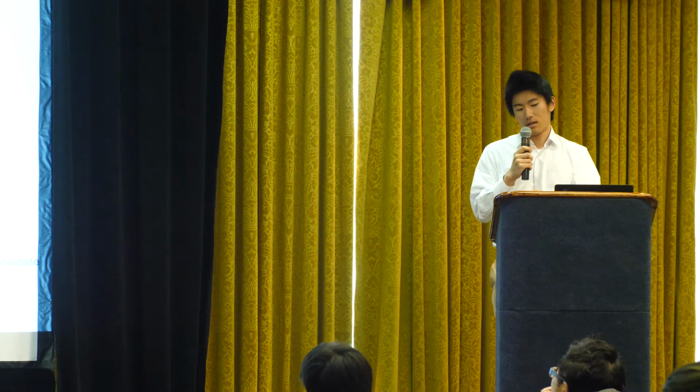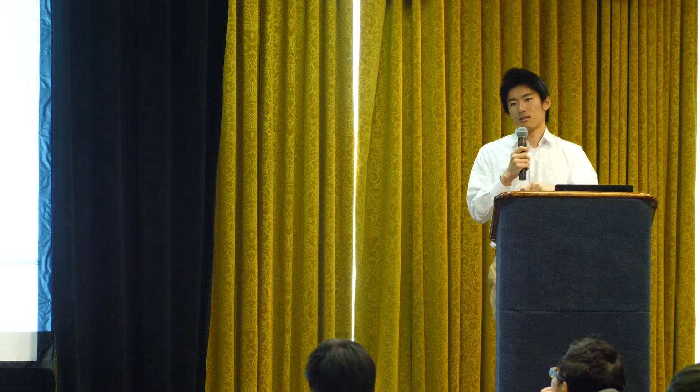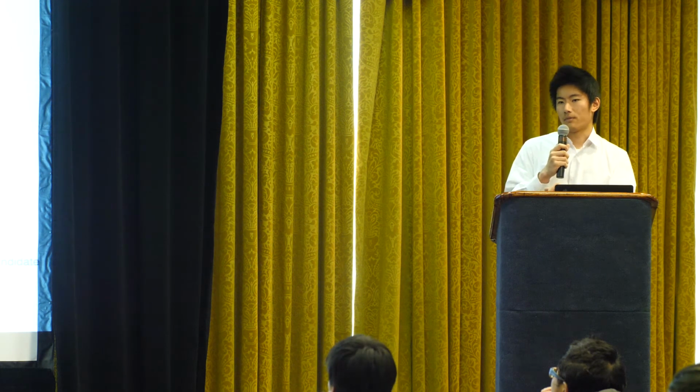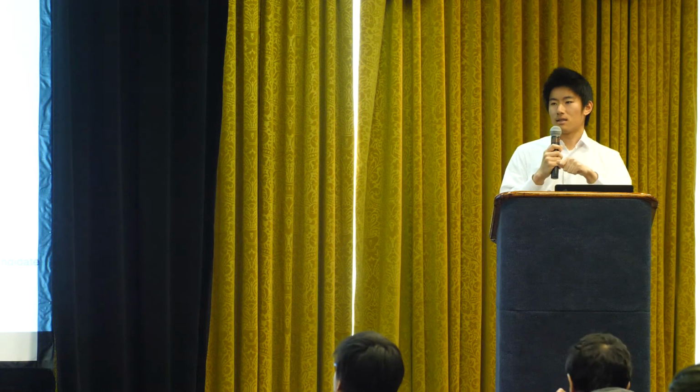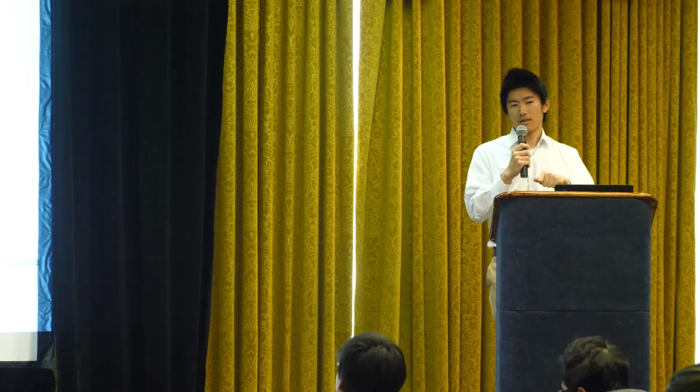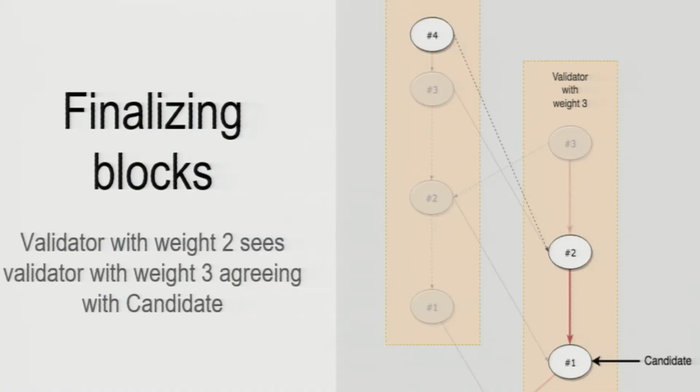And so that is the latest block that it sees in the right validator's column. And from there, you see whether the candidate is in the history of that block. And in this case, it is, because it's directly pointing below that.